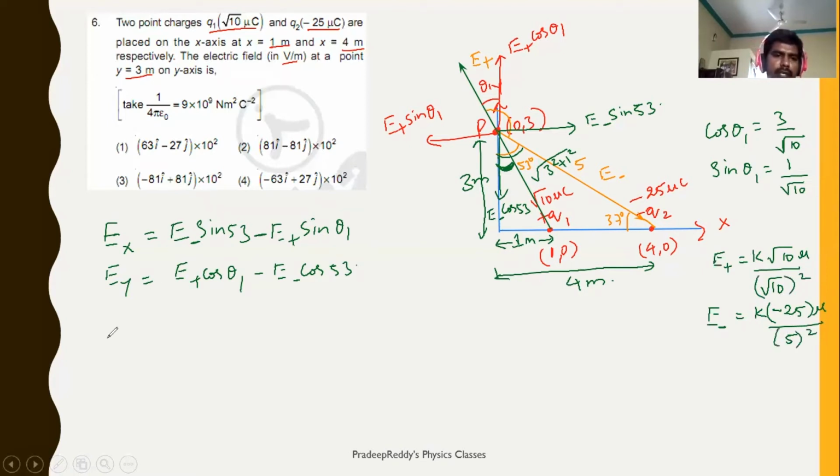Taking these values, Ex will be equal to E minus: K into 5 square is 25, 25 gets cancelled.